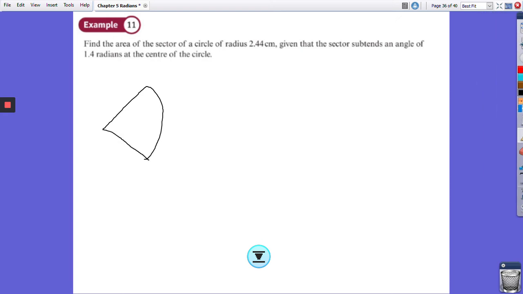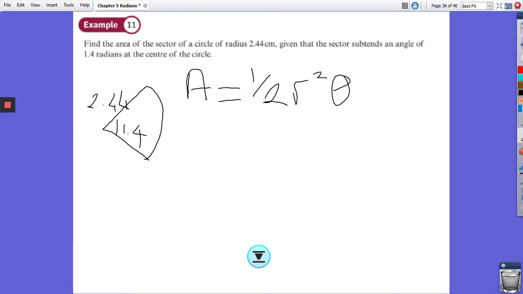So that's 2.44, that is 1.4, and then if A equals a half r squared theta, then all you need to do is take those numbers and plug them in.